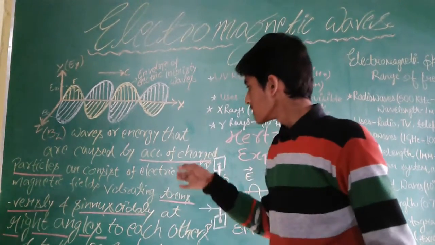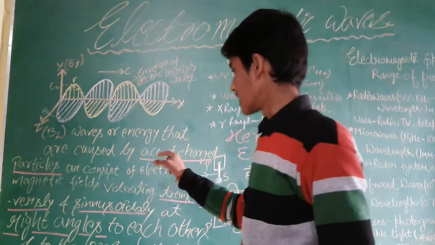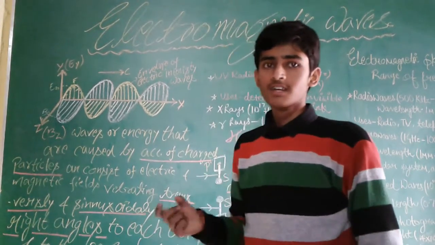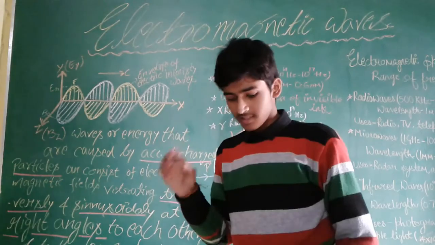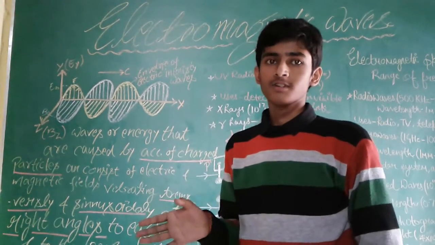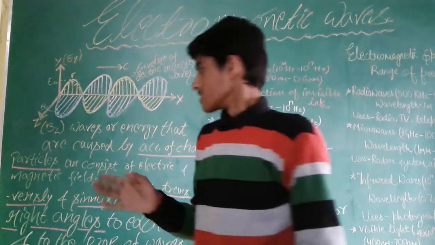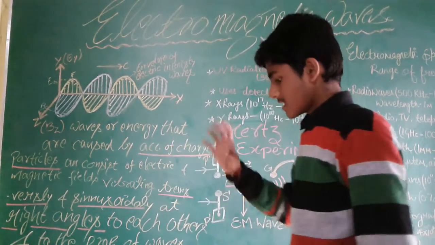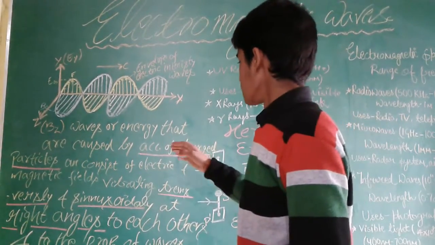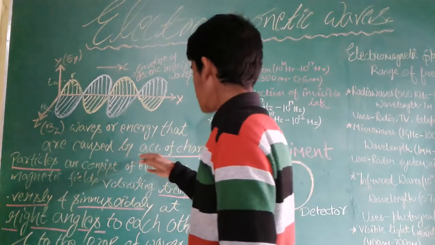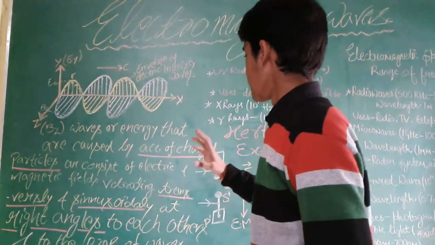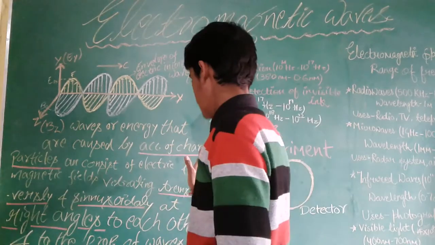If we make the charged particle move with constant velocity, then there is a constant electric and magnetic field, but the electric and magnetic field is not varying with space and time. So for generation of electromagnetic wave, the required condition is acceleration of charged particles.